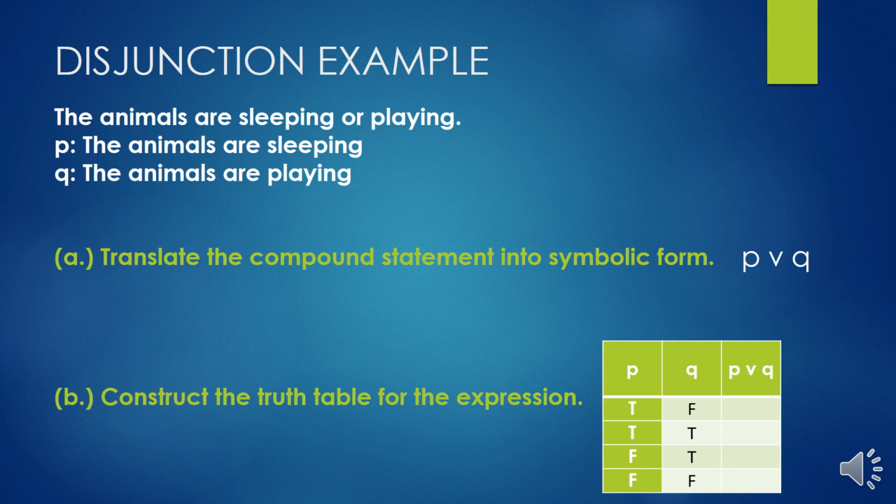The rule is for P or Q, it's going to be true unless both are false. So we're going to find the row where it's false, false, and we're going to go ahead and fill that in. Next, let's fill in the rest of the rows. And we're done. This is our completed truth table.